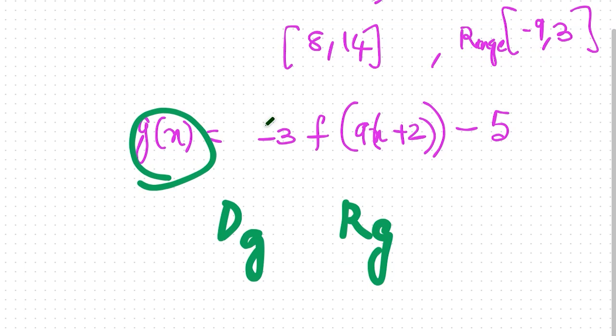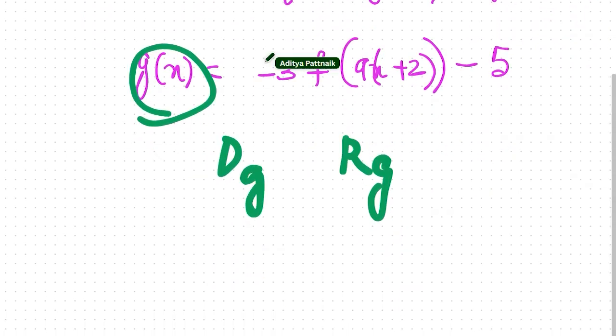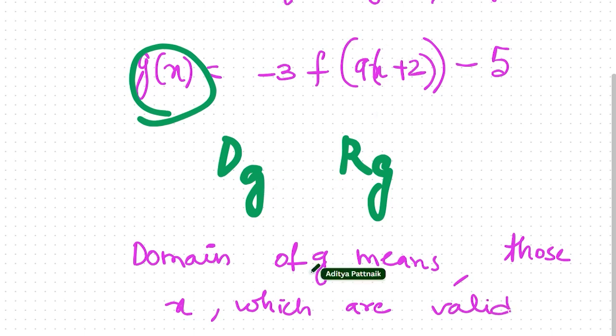Wouldn't the domain be all real numbers? And then for the range, you define like the vertex. The domain is all real numbers, and then the range is y is less than or equal to -5.